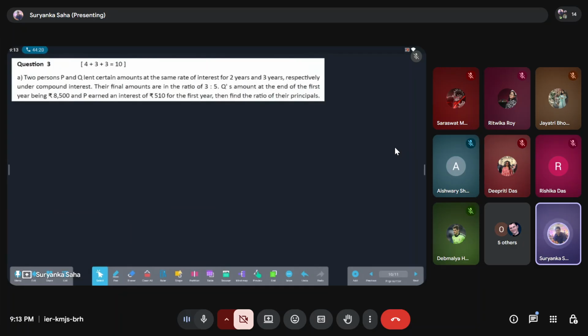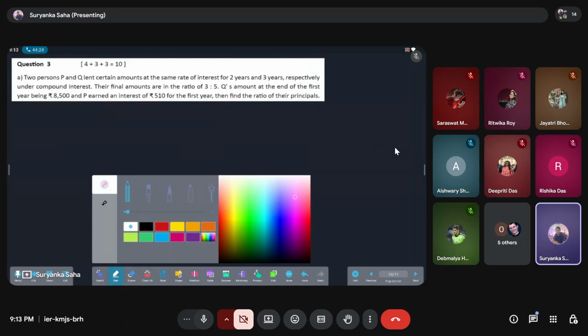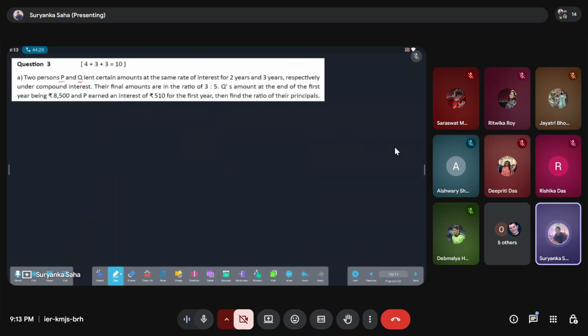Two persons P and Q lend certain amounts at the same rate of interest. So the rate is the same.